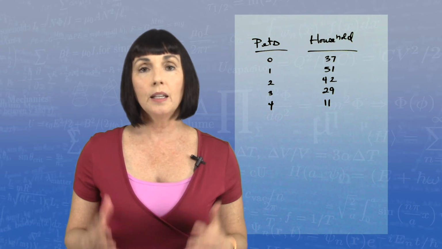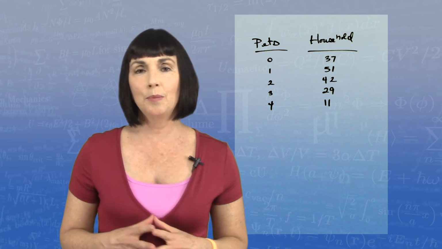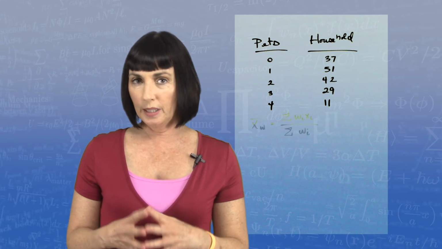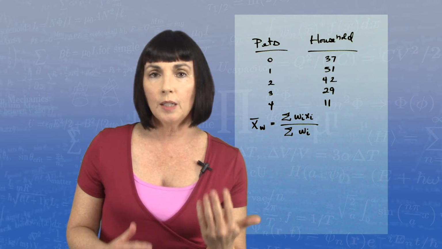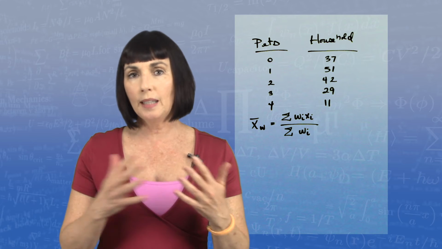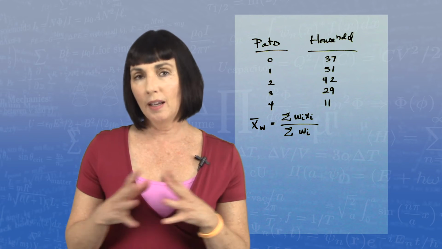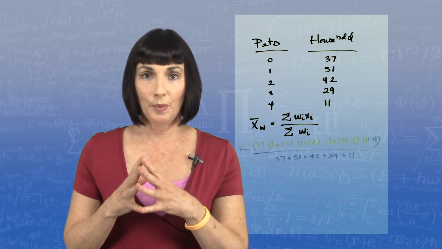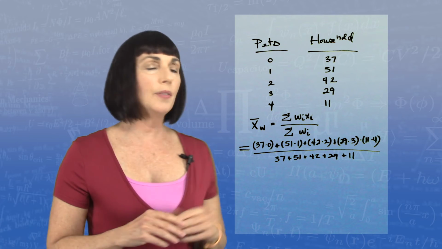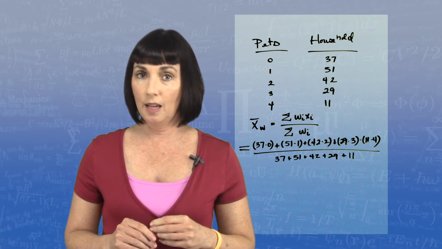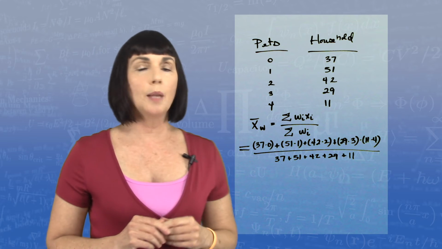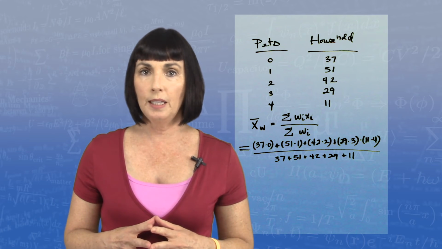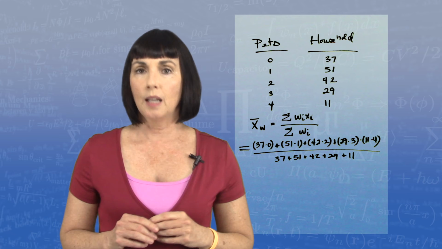So let's find the mean, in this case, the weighted mean. So remember, we're just going to take the weight of each data point multiplied by that data point, add them up, and divide that by the sum of all our weights. So we get 37 times 0 plus 51 times 1 plus 42 times 2 plus 29 times 3 plus 11 times 4.